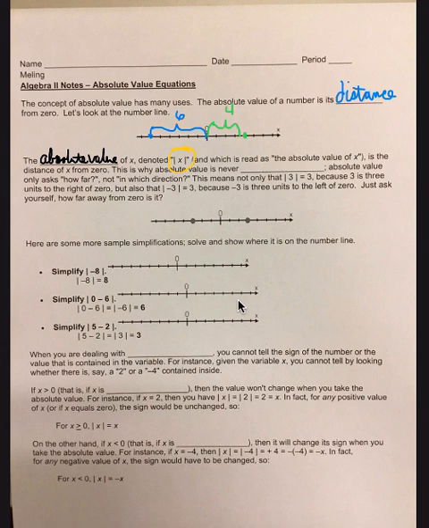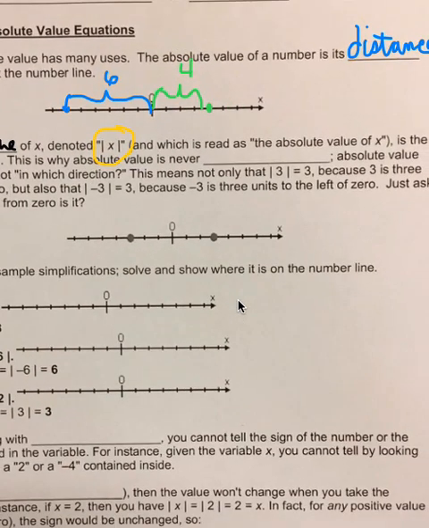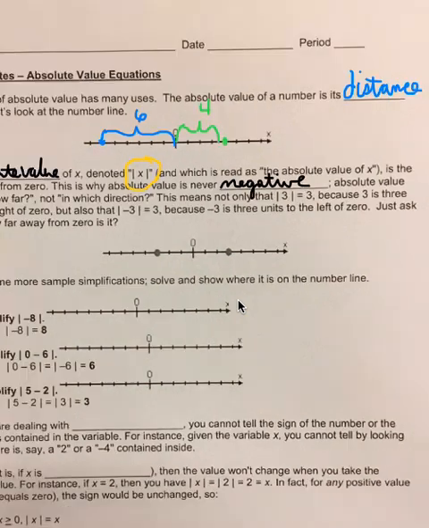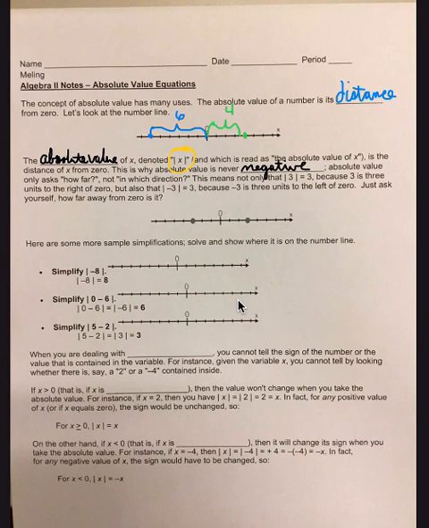This is why absolute value is never negative. It's never negative. Always positive. You're never a negative distance away from something. Absolute value only asks how far, not in which direction.